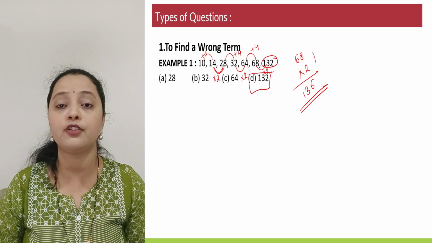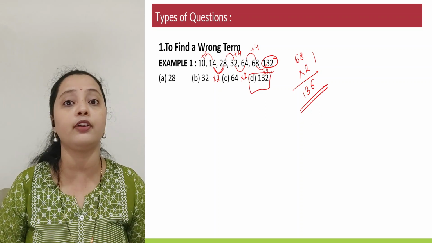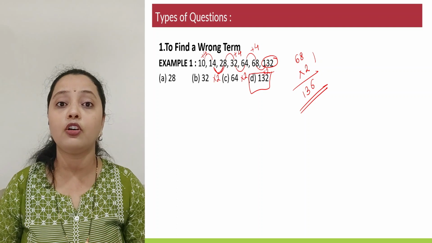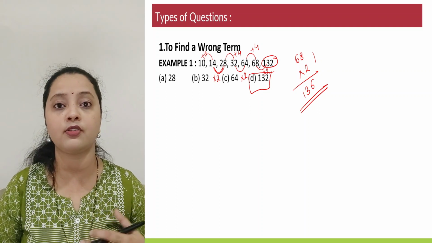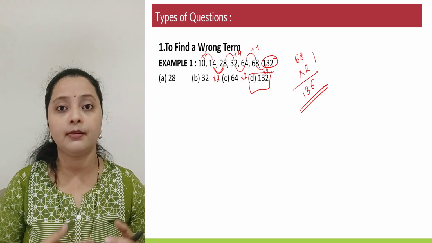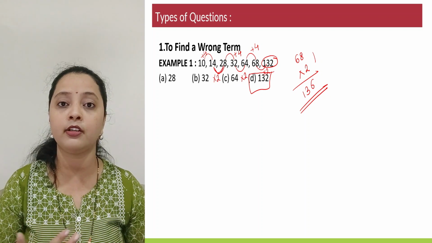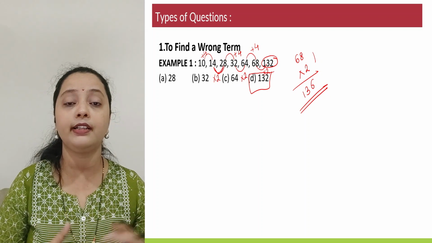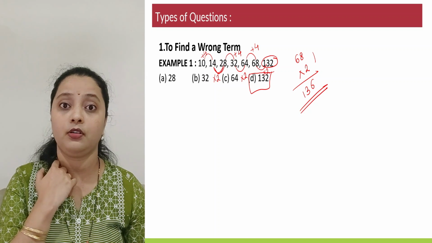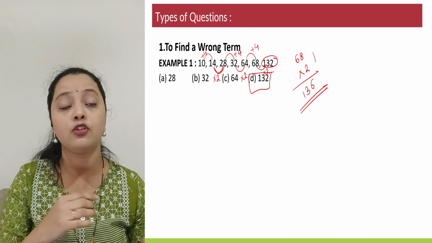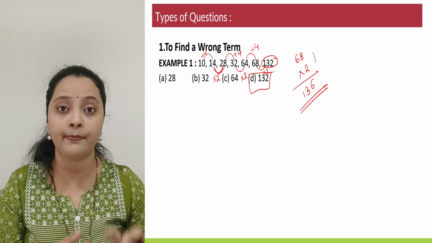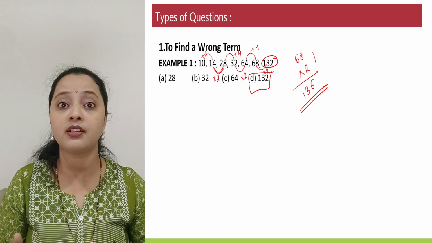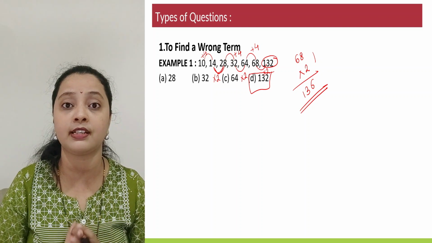So the wrong option is Option D, 132. You have to be a little careful while trying wrong number series questions, because sometimes you might apply a certain logic to just a part of the series. The later part might not use that logic at all. So please make sure that whatever logic you apply, it's applicable from the first term to the last term of the given series.